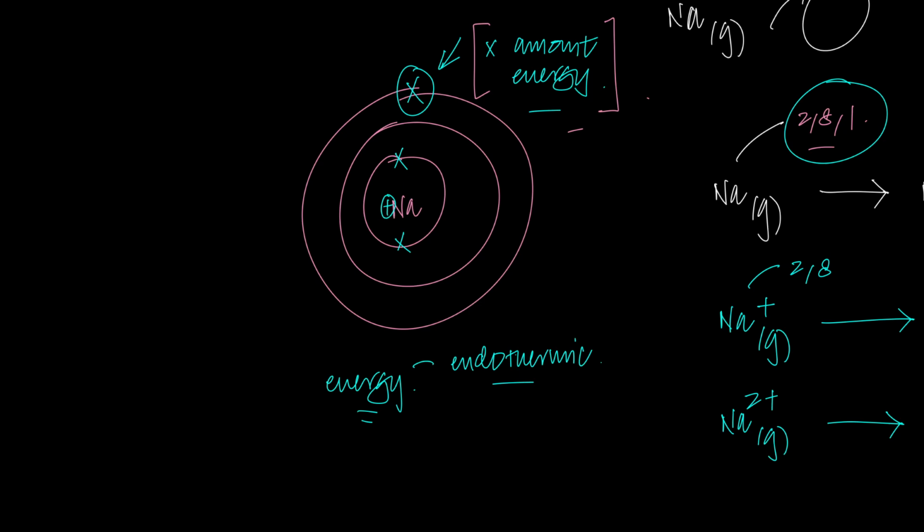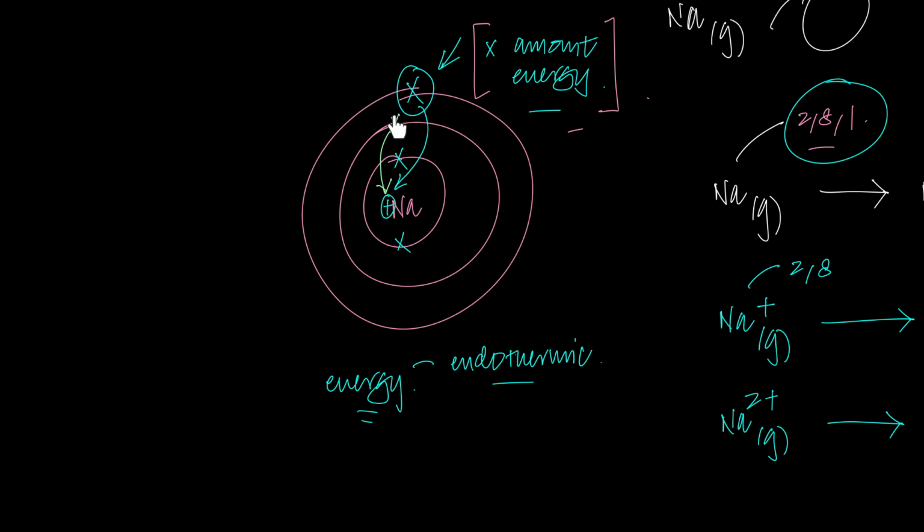Now the outermost electron was pretty far from the nucleus. It was in the third principal quantum number. So let's suppose I required X amount of energy to remove this electron, which was my ionization energy. To ionize sodium, I required X amount of energy. But now, if I were to remove the electron from the second principal quantum number, would I require more energy or less energy?